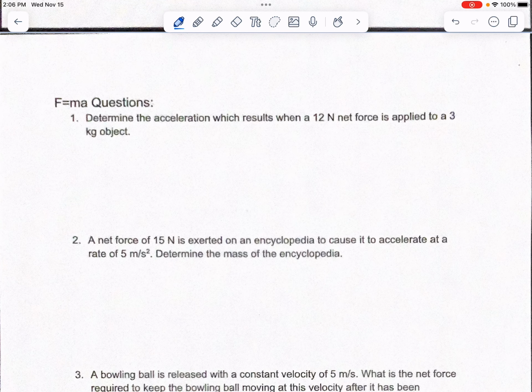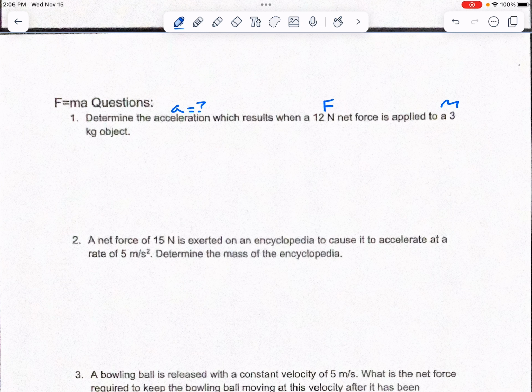Now we're going to do some basic force calculations. It says determine the acceleration, so a is your question mark, which results in a 12 newton net force, so there's my force, applied to a 3 kilogram object, so there's your mass.